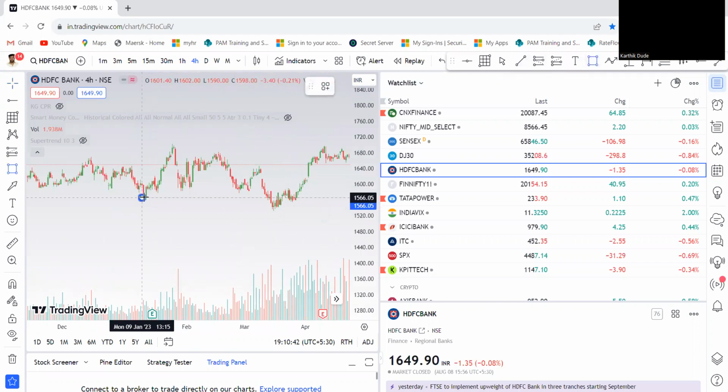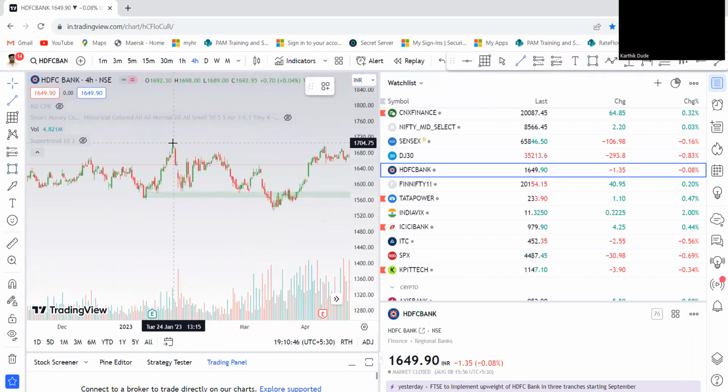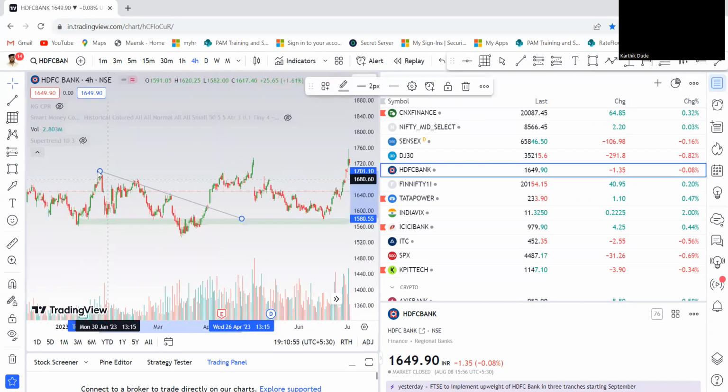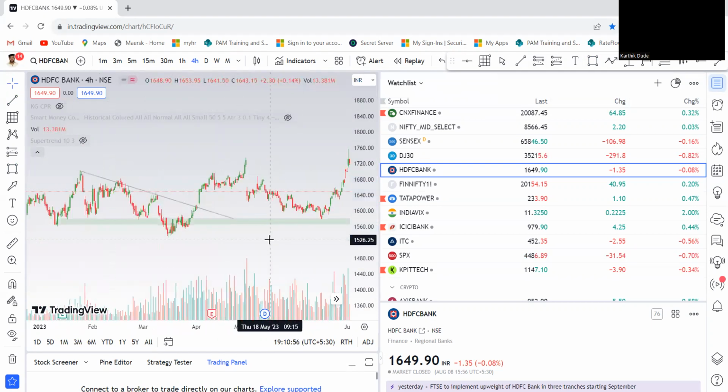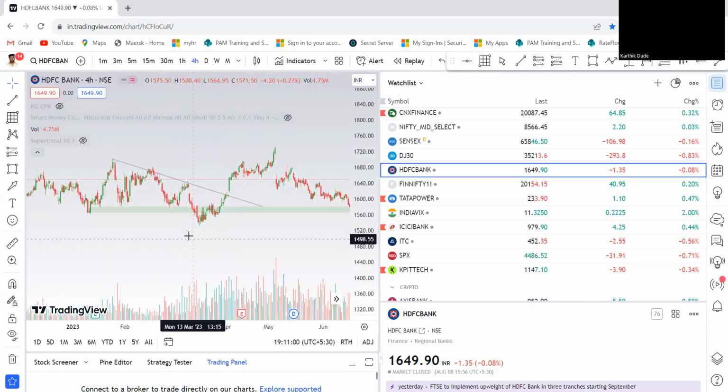I can see a descending trend, I guess. See here, what has happened there is something different. It gave a false breakout here, then it gave a breakout in the upside.